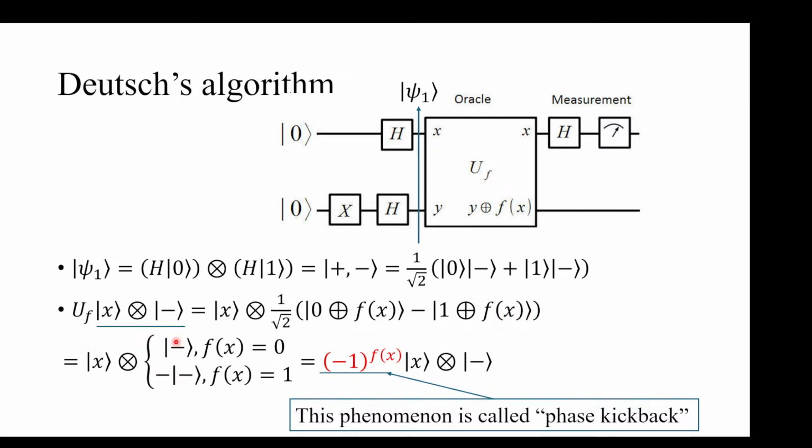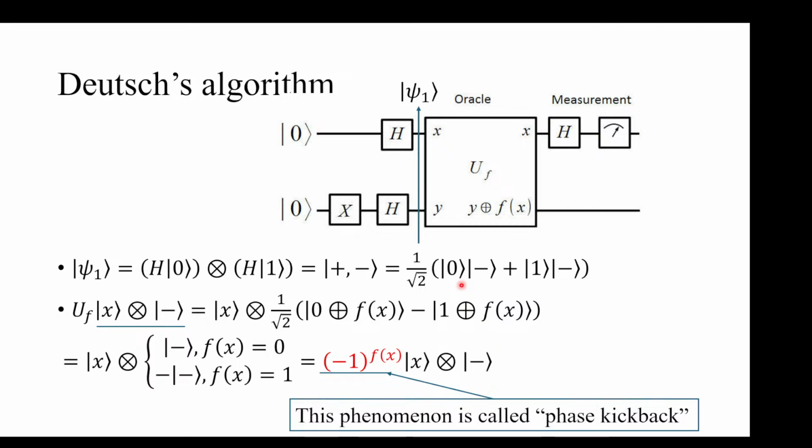The minus state is 0 minus 1, and as we indicate here, U_f will write f of x onto the second register. So the second register was 0 minus 1, and after you apply U_f, you add f of x to it, because you have input x and you write f of x onto the second register. So it becomes 0 XOR f of x minus 1 XOR f of x.